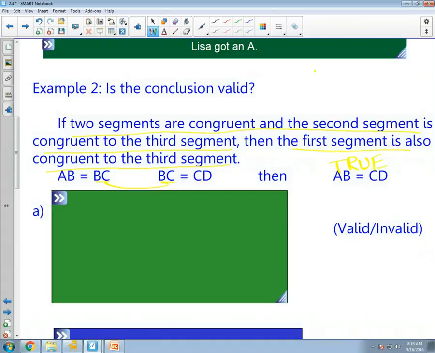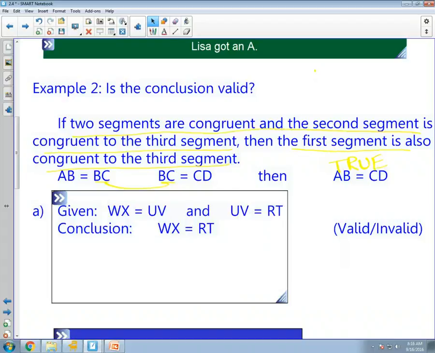Do you have a true conditional? Okay, now we're going to look at some other parts of the law of detachment. So for this part, go ahead and write down this given and conclusion. Okay, this is a specific example of that conditional, and we're going to see if it matches up.